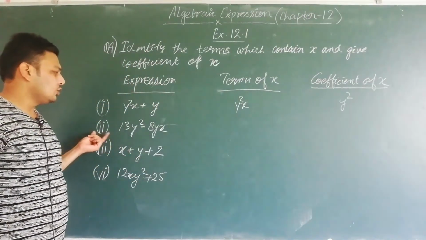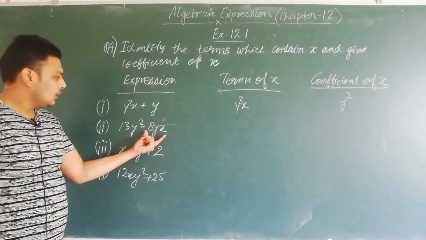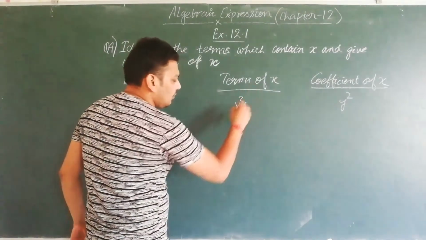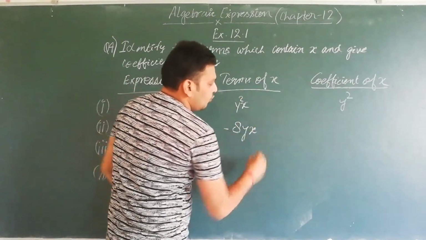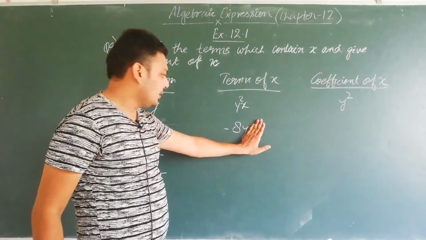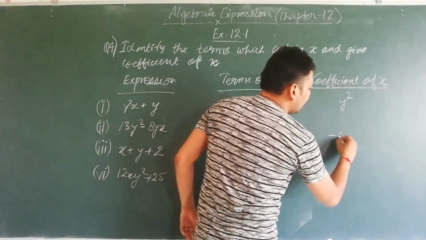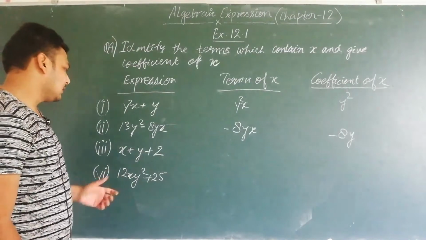In the second question, 13y square minus 8yx. In this expression, minus 8yx is the term of x. Okay. And the coefficient of x is: hide x. Whatever is left is known as coefficient. So minus 8y is coefficient of x.